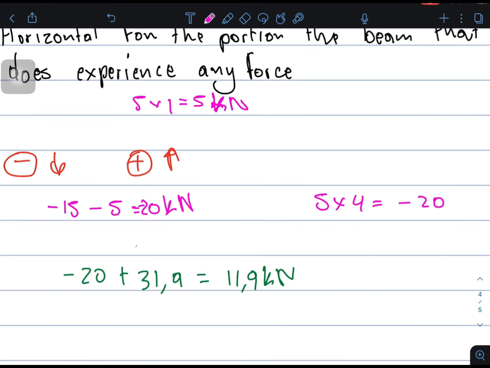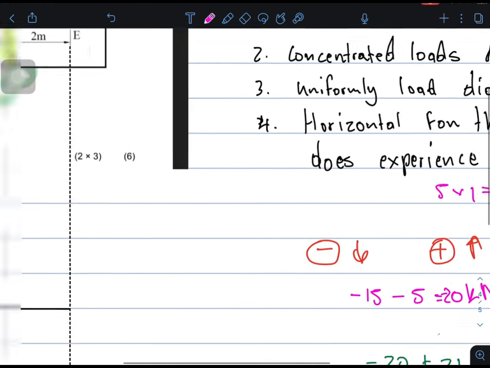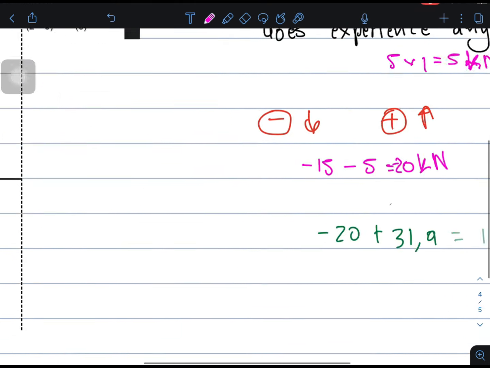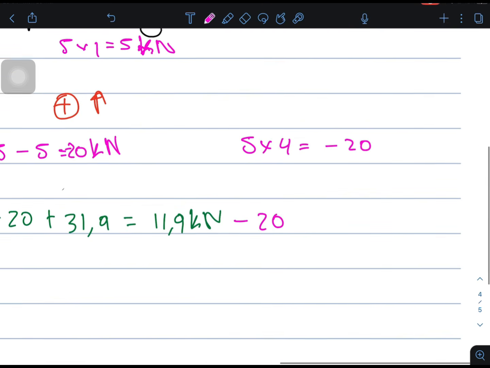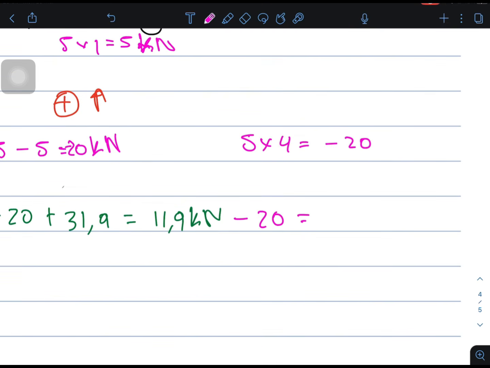Negative, guys, means that this force is acting downwards. Remember, the uniformly distributed force is acting downwards. So 11.9 minus 20 is going to be negative 8.1.